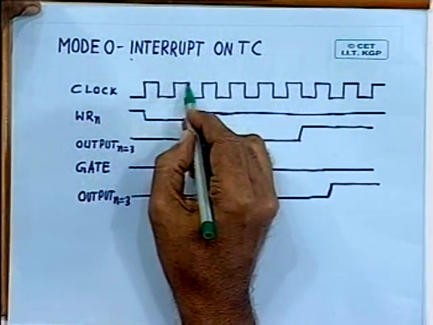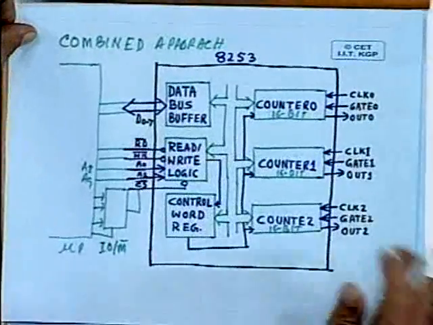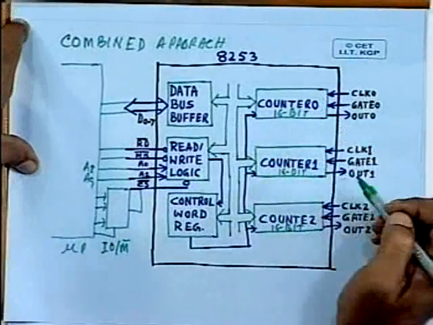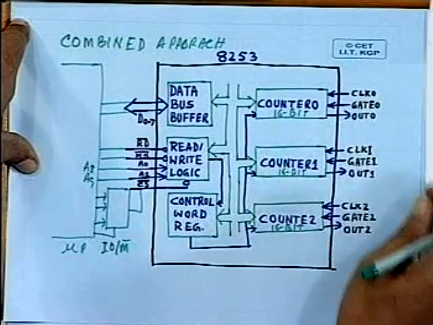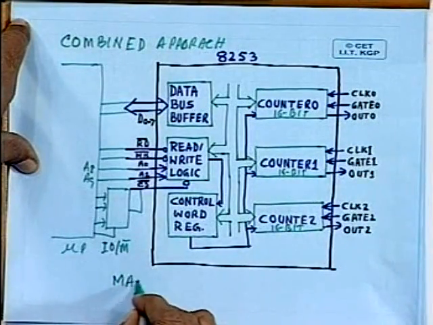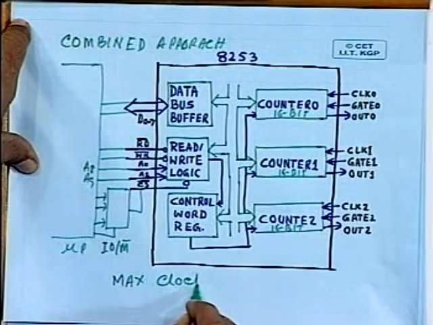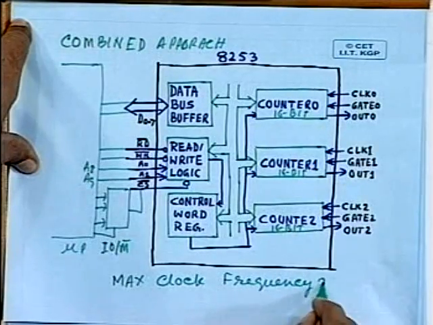This is the clock that is connected to any, suppose you are considering this timer counter section 0. You have to apply a clock here, and the maximum clock frequency is 2 megahertz.